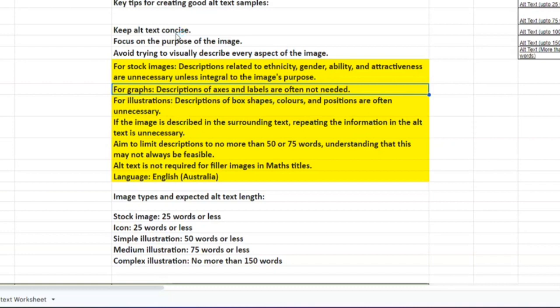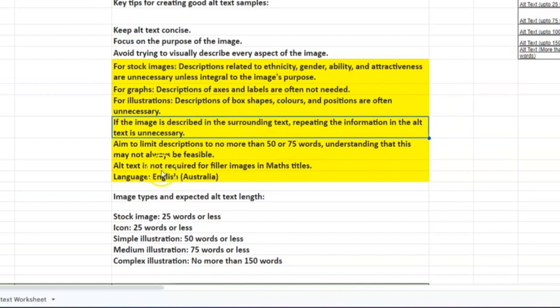Then you can add the particular religious word. Otherwise, you need to avoid it, right? If the image is described in the surrounding text, repeating the information in the alt text is unnecessary. Same thing, never repeat your information.